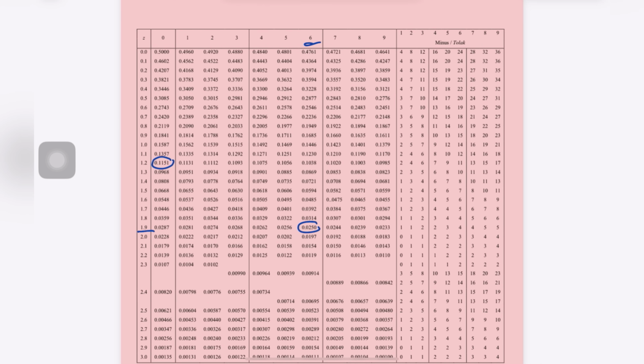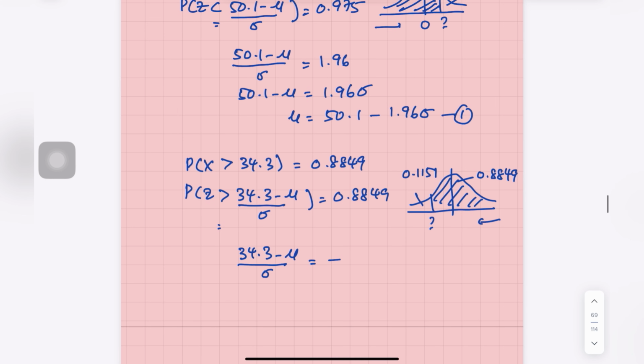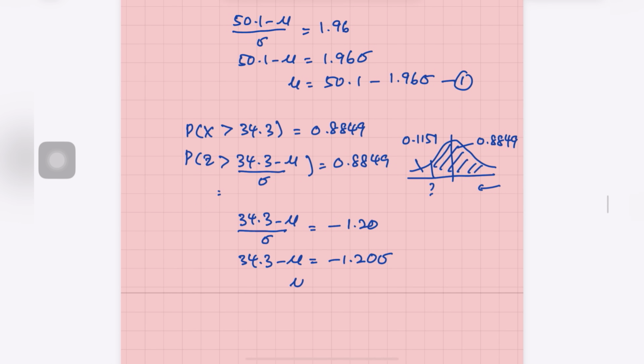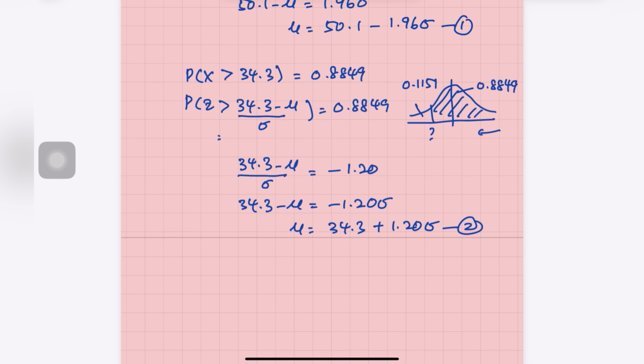Here it is: 1.20. So this is negative 1.20. So 34.3 minus mu equals negative 1.20 sigma. So mu equals 34.3 plus 1.20 sigma. Now we have two equations, so we can solve simultaneously. So equation 1 equals equation 2.